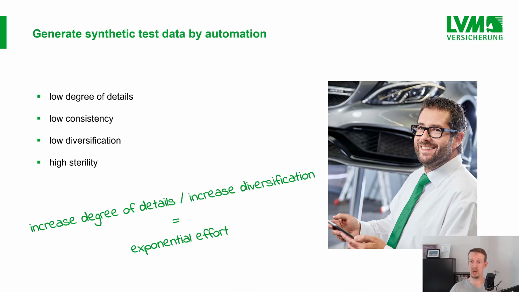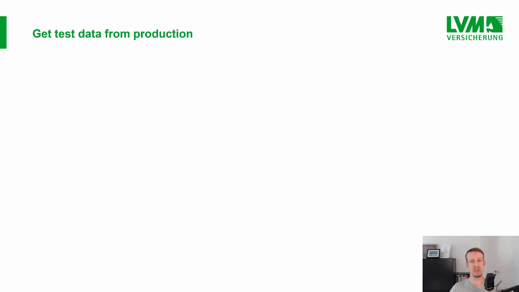But we have a third approach left. How about if we get our test data from production? There we have a high degree of details, like in production, as we have all the corner cases of our living customers, for example. We have a high consistency.